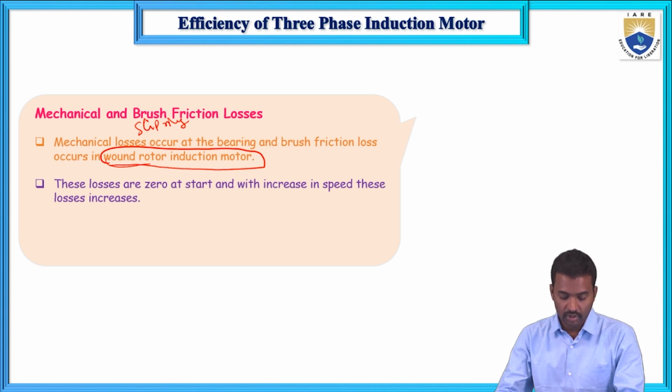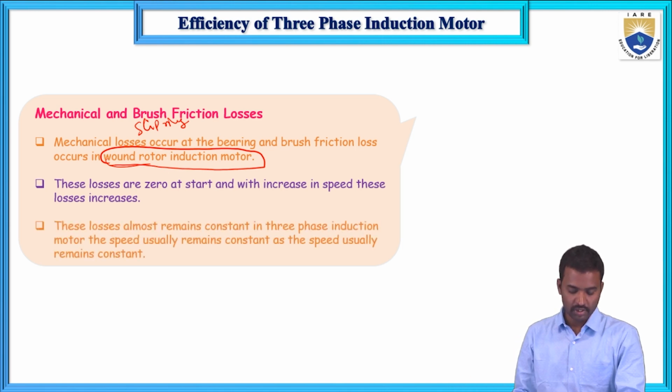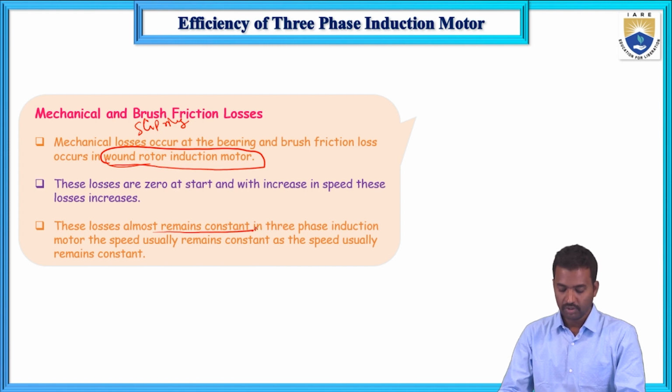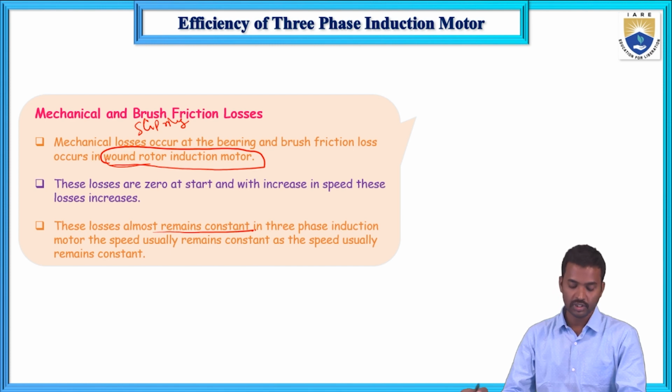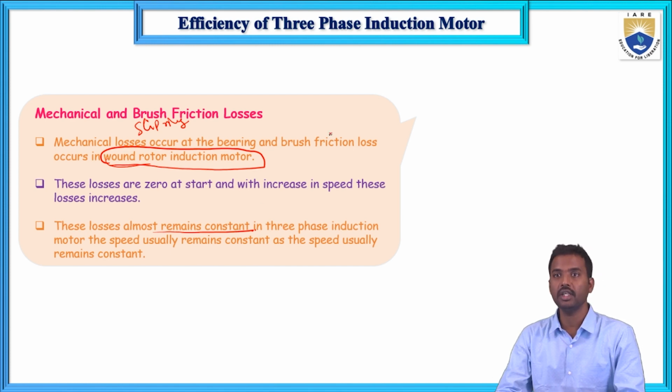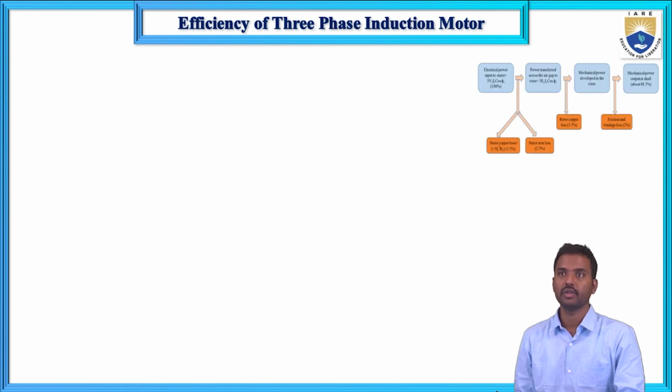These losses are zero at the starting; if you increase the speed, these losses increase. These losses remain constant in the three-phase induction motor if the speed is constant.